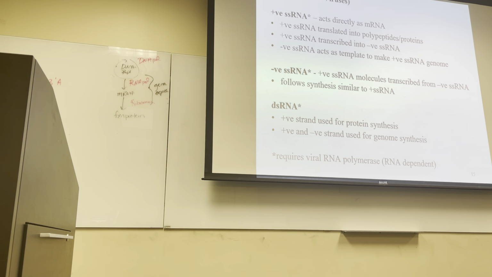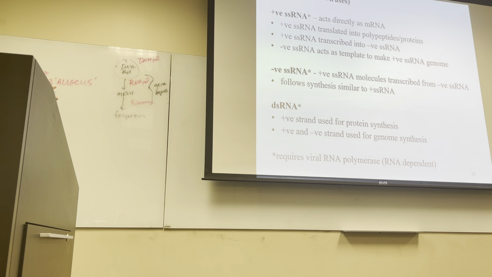Well, I did that wrong. I put T's in there. Can't do that with an RNA virus, can you? No thymines in RNA, there's only uracils. So AUGCU is our positive single-strand RNA virus.